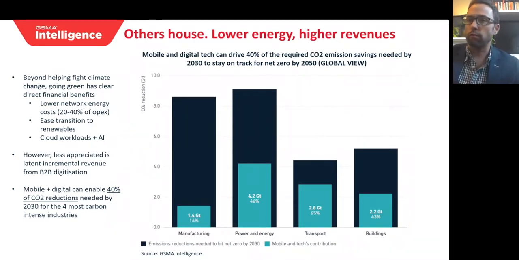We've done some research around how connectivity can help lower emissions in major industries. And these four that we're showing here, manufacturing, power, transport, and buildings, these sectors account for 80% of global CO2. Connectivity and digital technology can help enable 40% of the required CO2 reductions to get to net zero. So a big role to play, and we shouldn't lose sight of that. We can move to the next slide.